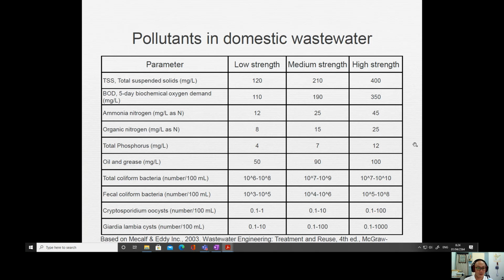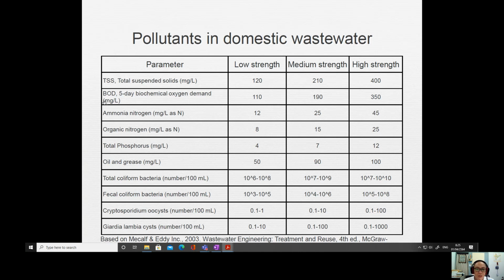For example, the total suspended solids, the BOD5, which is very important in terms of the organic matter determinations in water samples, especially wastewater, because in domestic wastewater the major pollutant is basically organic substance, and we generally measure it in terms of the BOD, biochemical oxygen demand, or the COD, chemical oxygen demand.